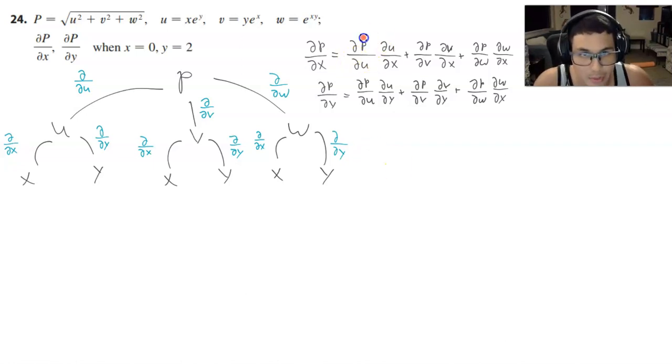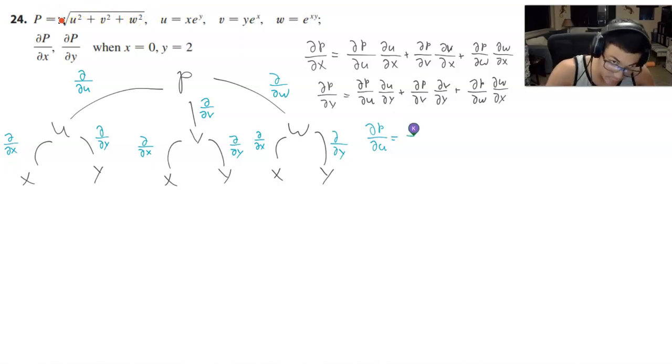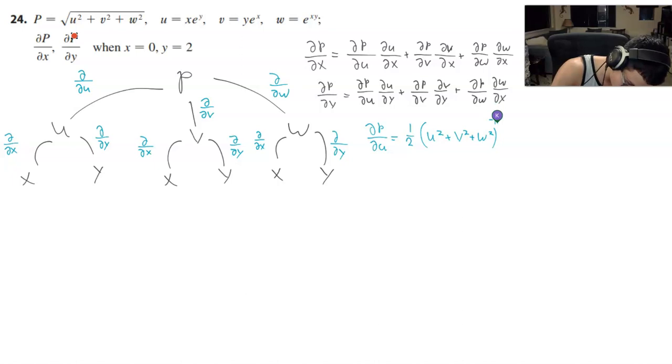So what I say is we should find dp/du. So that's this with respect to u. If you take this derivative with respect to u, the 1/2 will go in front, so it's going to be 1/2, and there's u squared plus v squared plus w squared here, now to the negative 1/2.